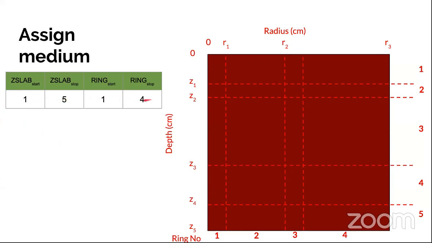So this particular line means that the assigned medium is going to be entered on the left here, 1 to 5. So fill the regions where Z slab is from 1 to 5, and the ring zones are from 1 to 4. That means all of these regions. Clear?